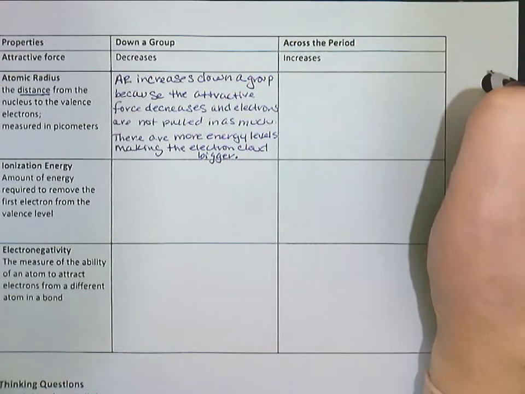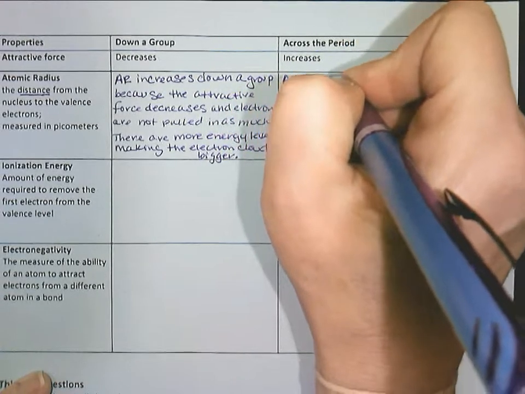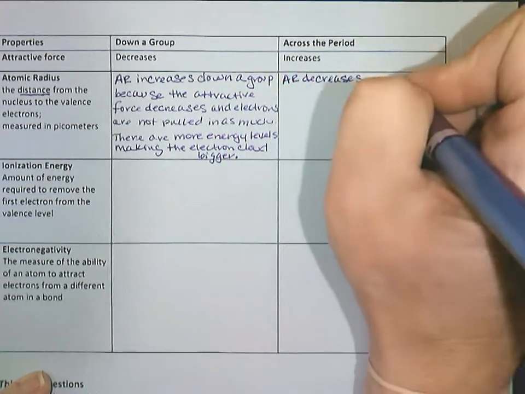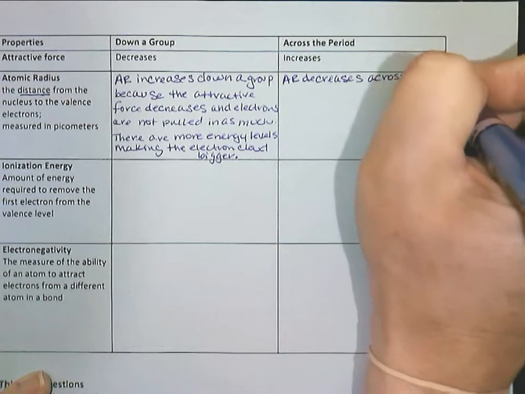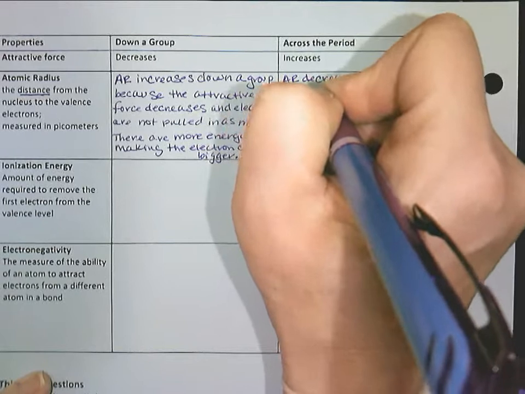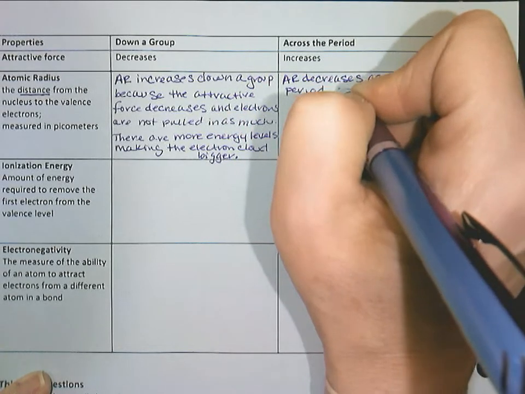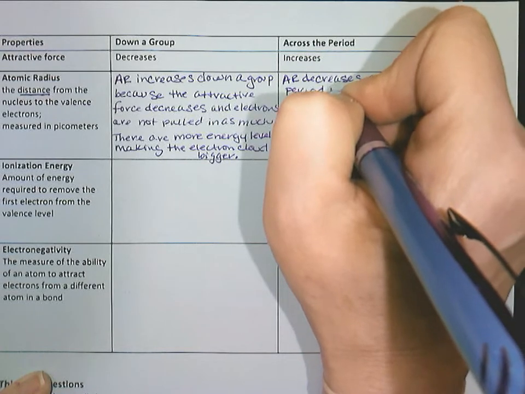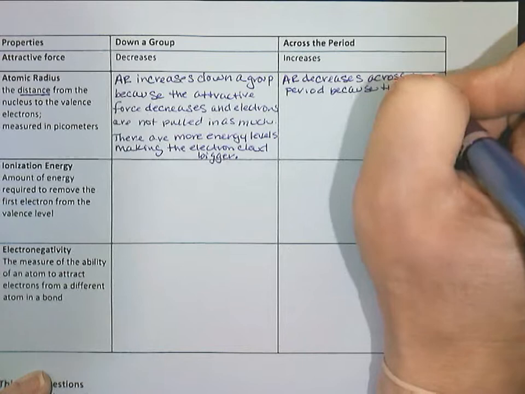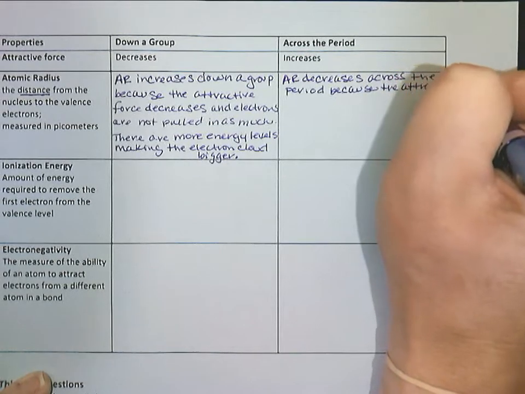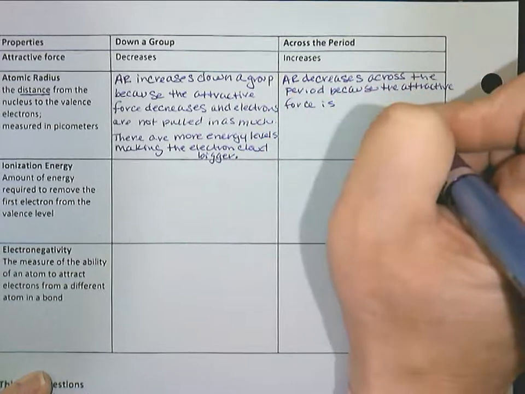As we go across the period, however, the atomic radius decreases across the period because the attractive force is increasing.